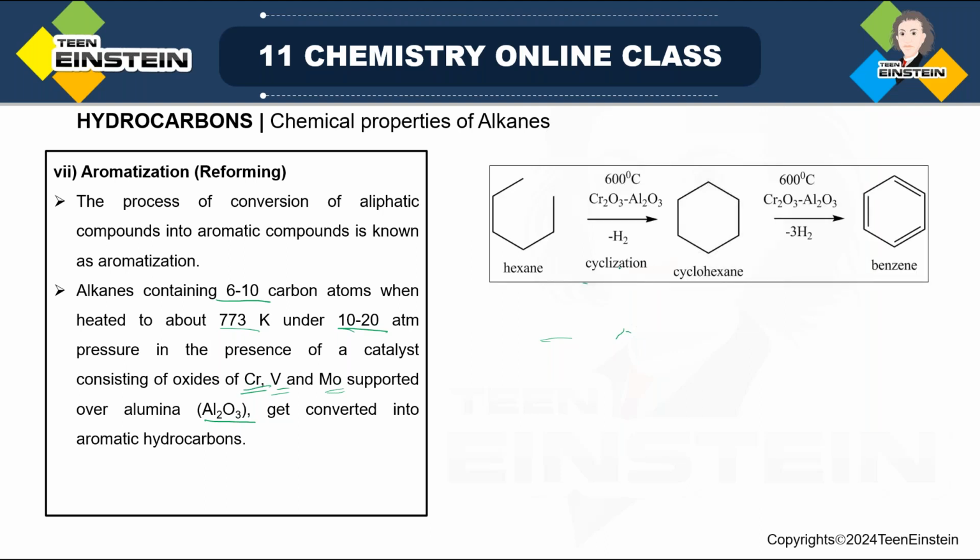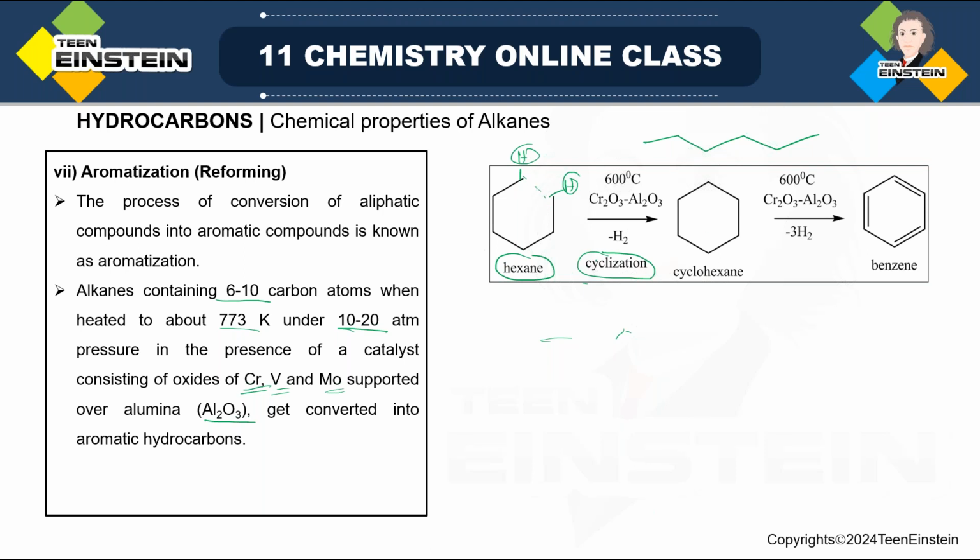Here we have taken n-hexane, and n-hexane normally we draw it like this, but this time we have drawn it in a different way so that you can understand how the cyclization is occurring. The first step is cyclization, where one hydrogen from this carbon side, another hydrogen from this side, if removed, you are getting a C-C bond.